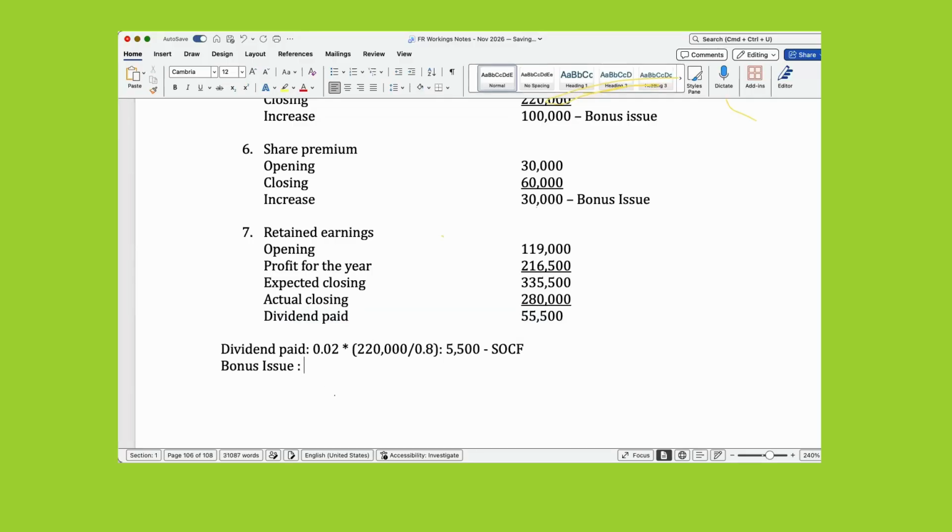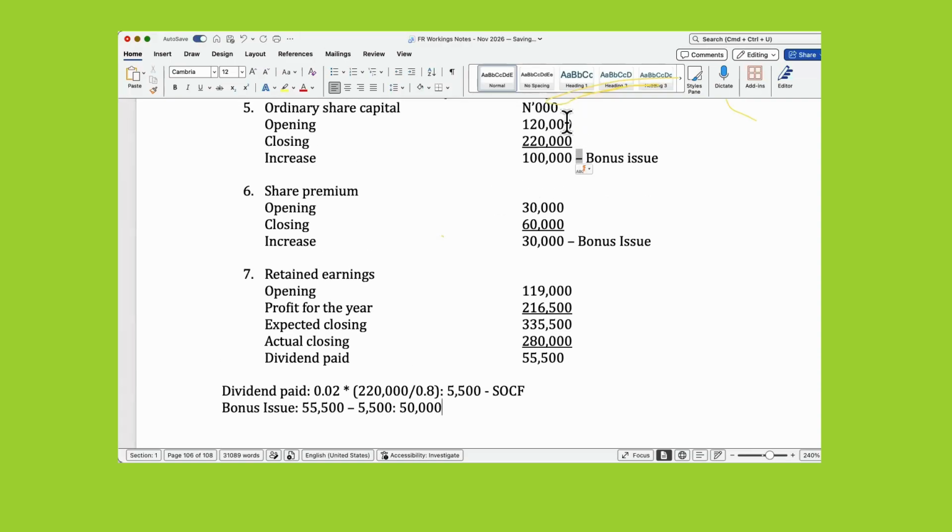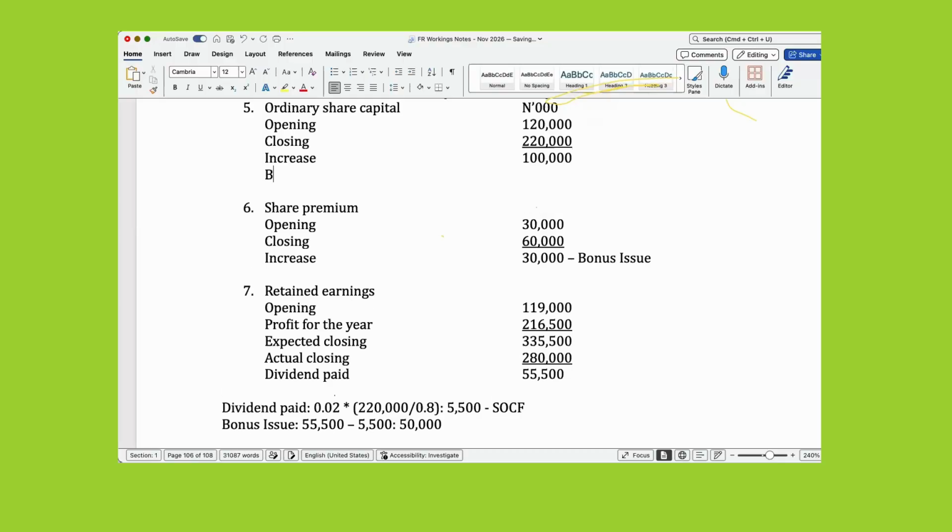So the bonus issue, 50,000 is 55,500 minus 5,500. So how much is that? 50,000. So out of this amount, it is not all of this that is bonus.